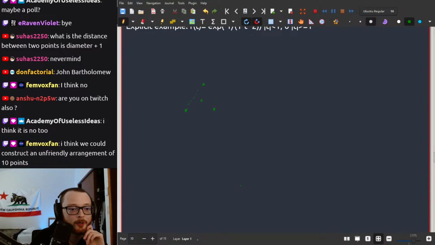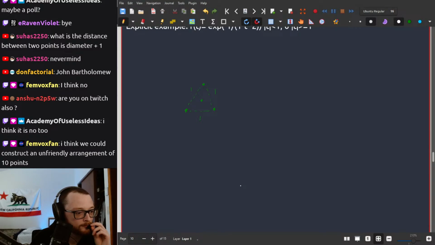And each of these are length 1? Is this possible? I don't know if on the border counts. That is maybe a vague part of the problem. Are they overlapping if the borders touch?